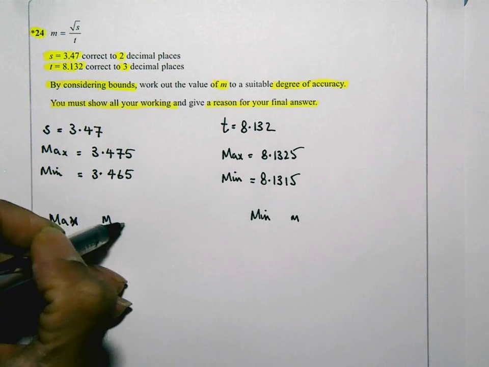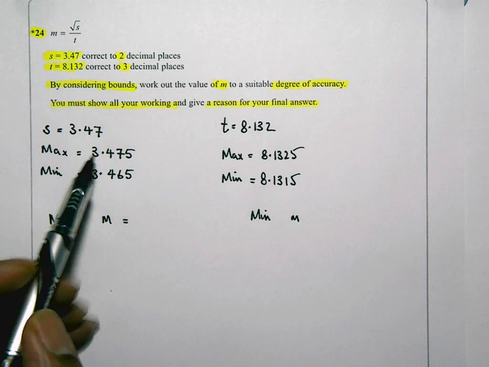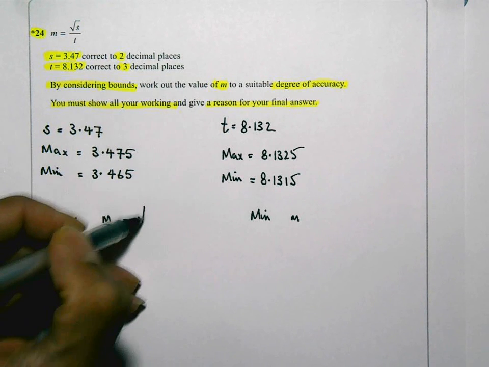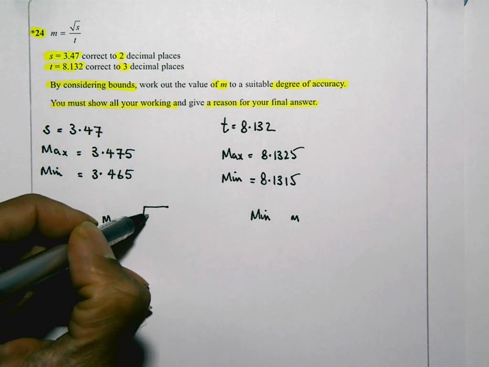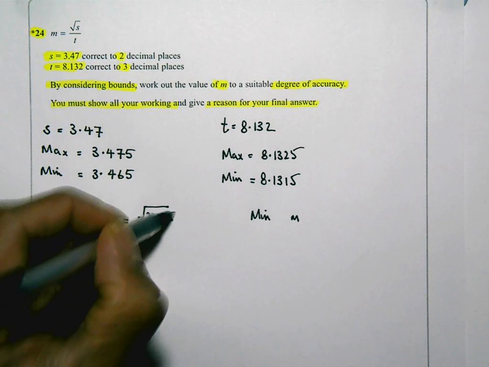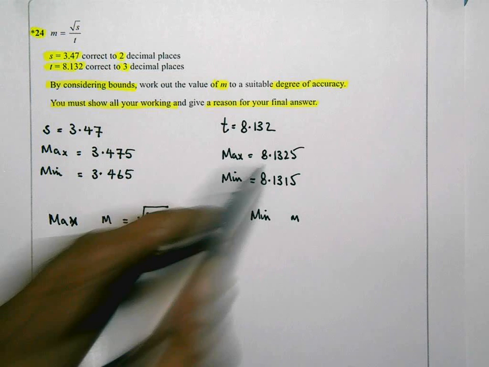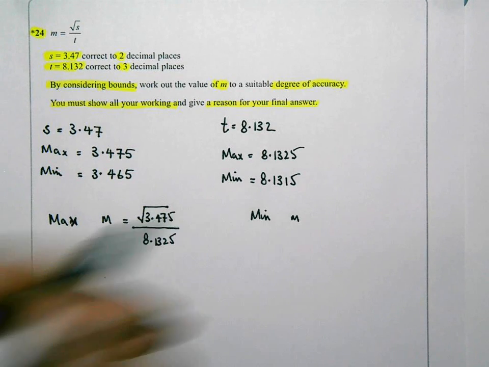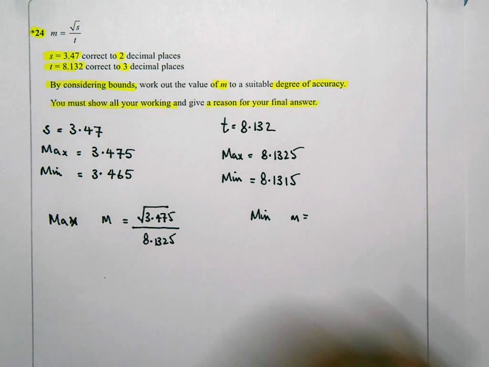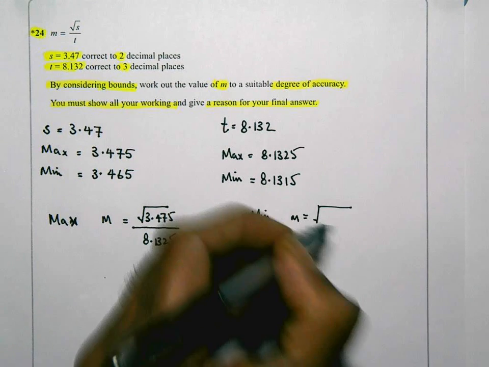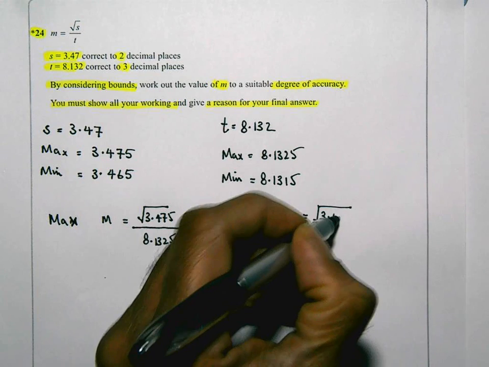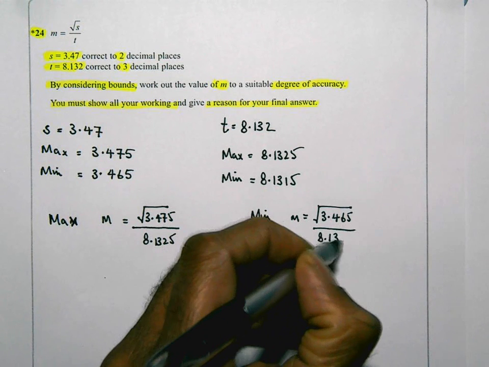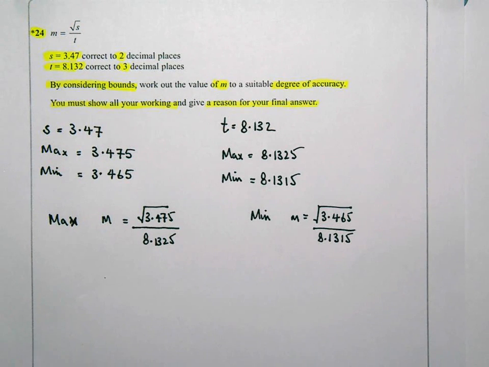So the maximum value that M could take, if I use maximums from both S and T, I'm going to do the square root of 3.475 divided by 8.1325, and for the minimum I'm going to do the square root of 3.465 and divide that by 8.1315. And again, I haven't done any workings out yet, but I'm picking up marks for this already.